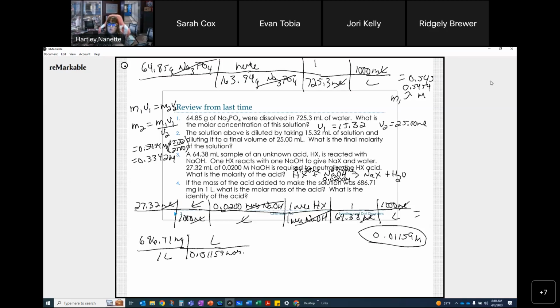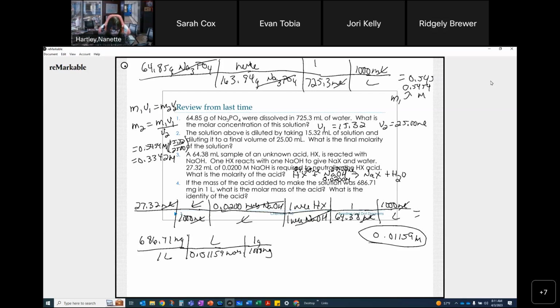And I say, oh, I want a molar mass. That's grams per mole. So if I convert the milligrams to grams, then I should get grams per mole, which is what I'm looking for, right? So I can do a conversion from milligrams to grams. I know that 1 gram is 1,000 milligrams.